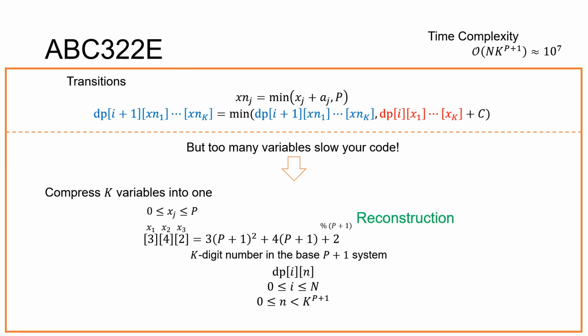I'll explain about this. We first calculate the modulo p plus 1 of n, and it's equivalent to the last value of x, which is x3 in this example. Then we divide n by p plus 1 and again calculate the modulo p plus 1 of it.